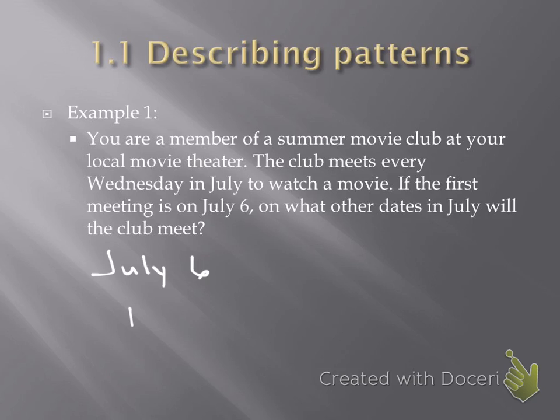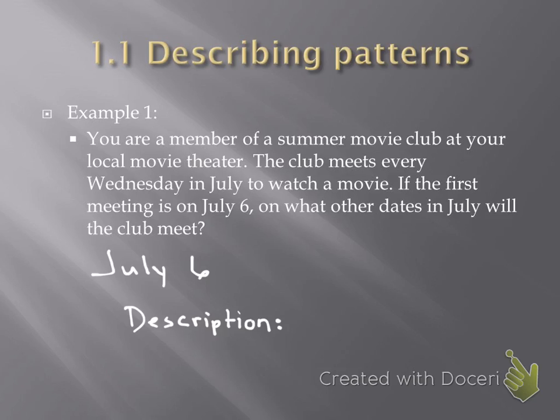Now we need to figure out what the pattern is. So we call this the description of the pattern. Anybody see a potential pattern in figuring out the rest of the dates? Anybody see it? Since it says every Wednesday, and it's July 6th, you add 7 onto the 6 every time.